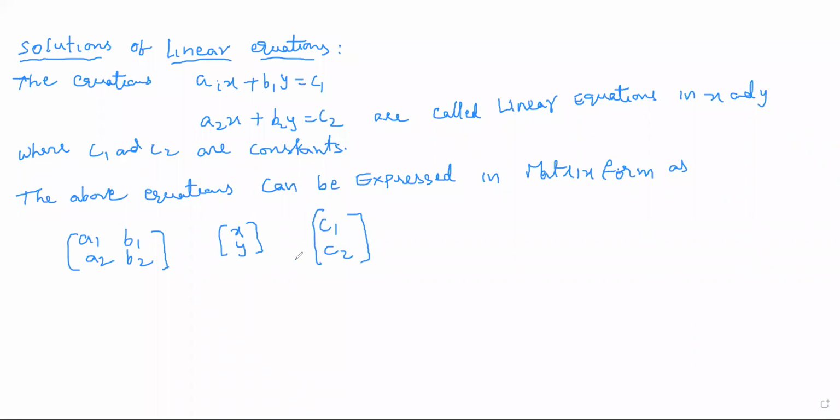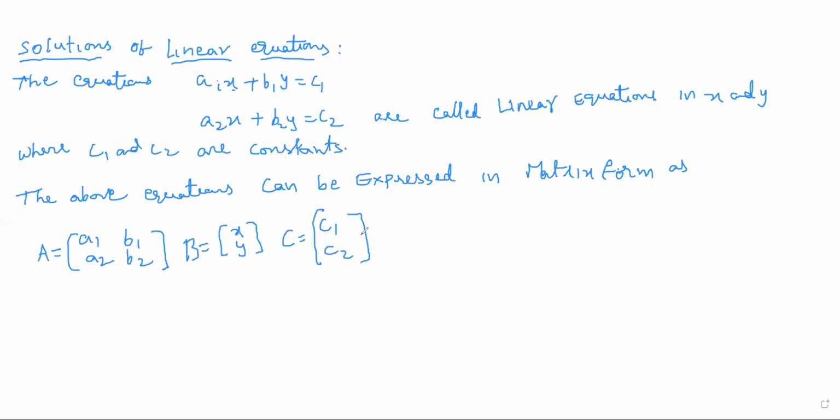Let us give the names for these three matrices. For example, the coefficients of x and y, what are they? a1 b1, a2 b2. Let us express it in a matrix and call it capital A, and capital B is equal to the variables x and y, another matrix, and the constants should be considered in another separate matrix.